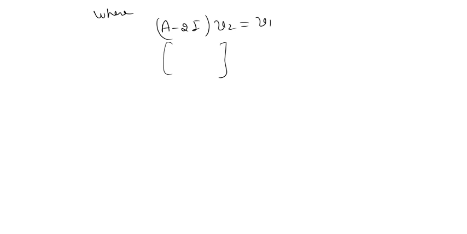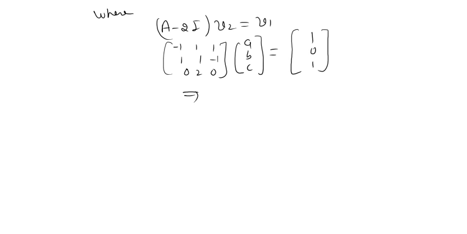So again solve the system: [-1 1 1; 1 1 -1; 0 2 0], assume v2 to be (a, b, c), and v1 you know earlier, it is (1, 0, 1). So solve this non-homogeneous system, by any method, or by writing the row equivalent form by making zeros.